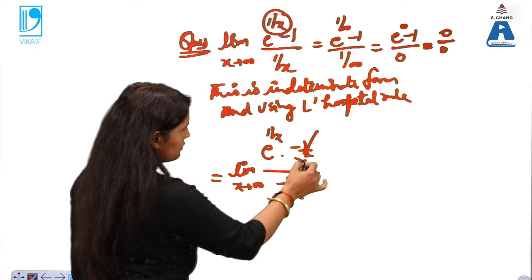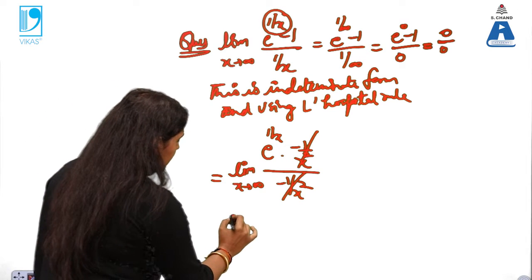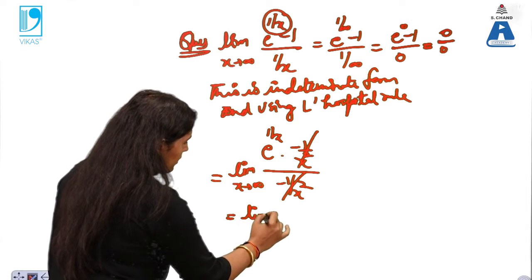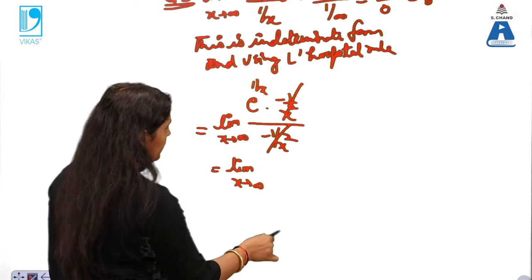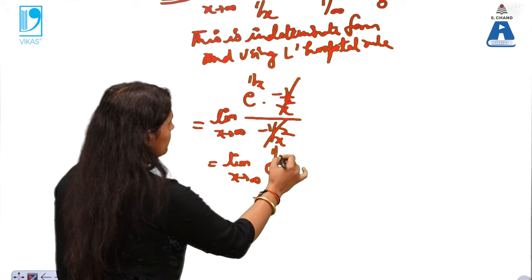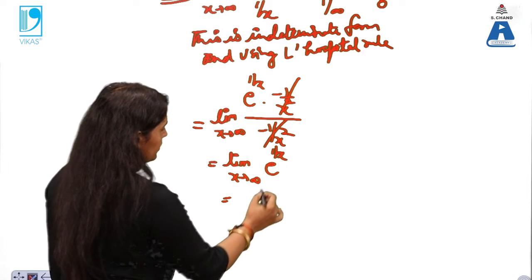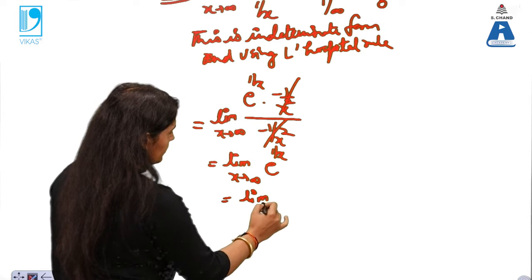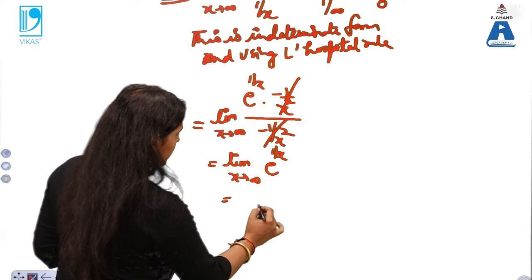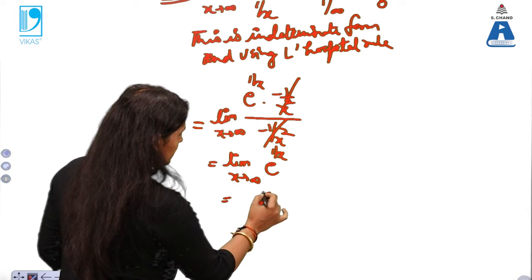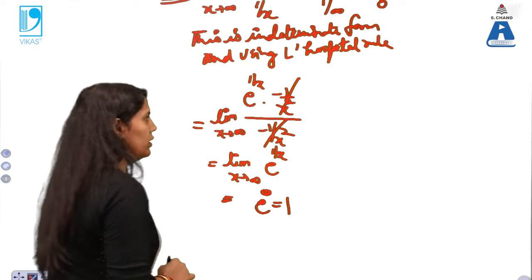You can see this whole term is getting cancelled, and now when I apply the limit, substituting infinity, e to the power 1 by infinity, that is e to the power 0. So this limit is coming out to be 1.